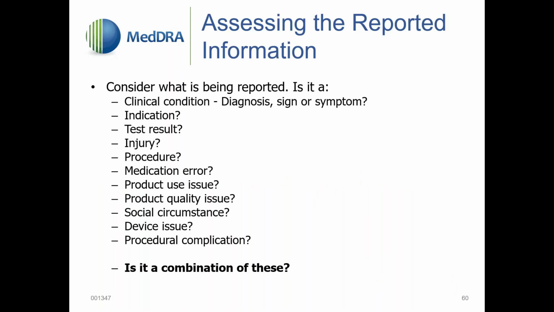In the first step, you should not directly access the MedDRA browser, but first look at your reported term, the verbatim. Check if it is a clinical condition, diagnosis, or signs and symptoms, or an indication for use.